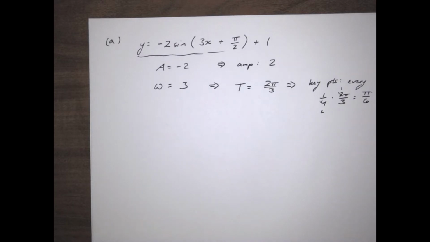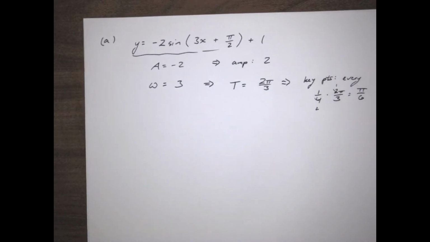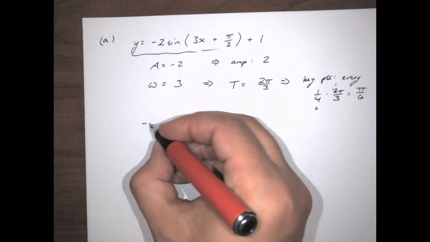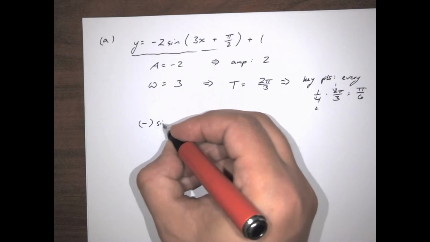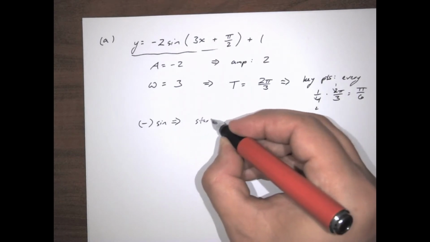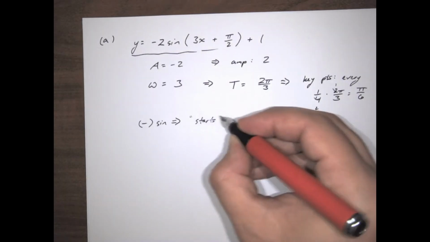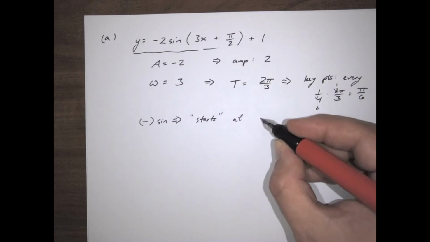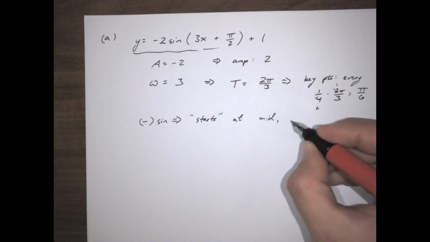So the key points are going to be happening every pi over 6. The fact that this is a negative sign implies that it starts, quote unquote, at the midline, going down.